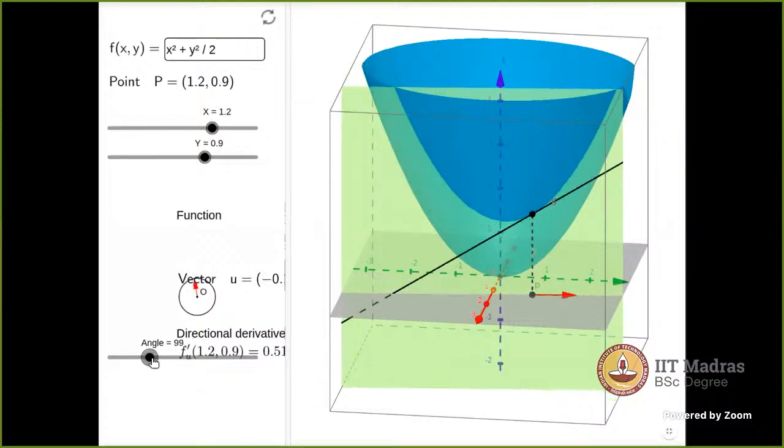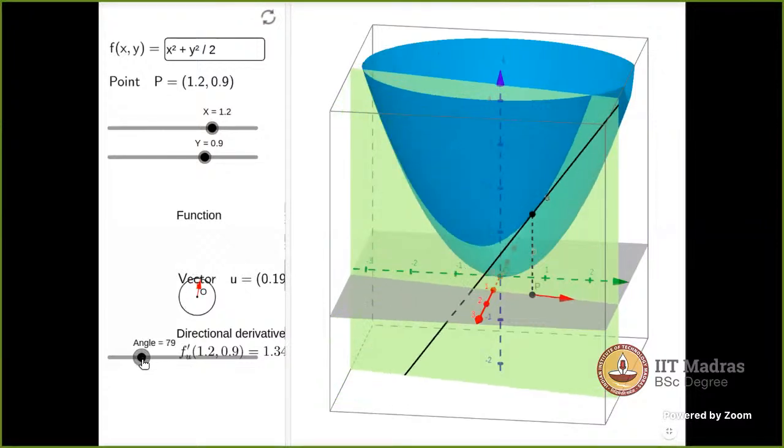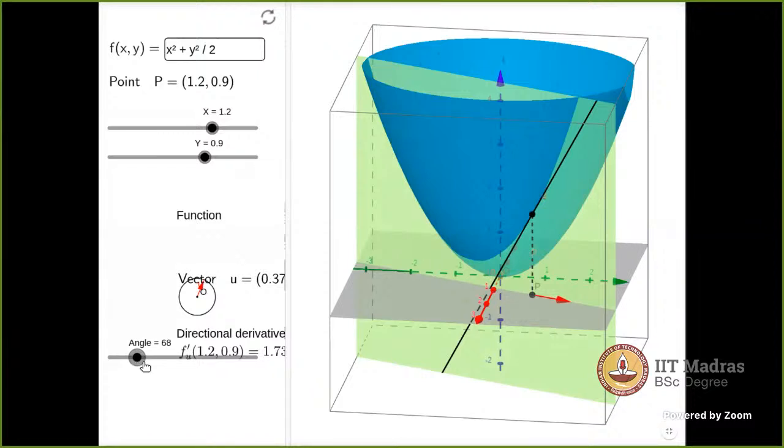If we change the vector, again this line will move. For different vectors and different points, the directional derivative will change. So basically, the directional derivative depends on both the vector and the point at which we are taking it. Is it clear?